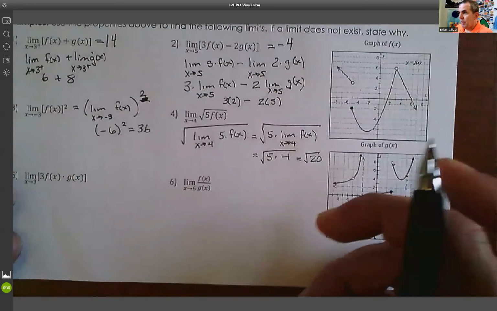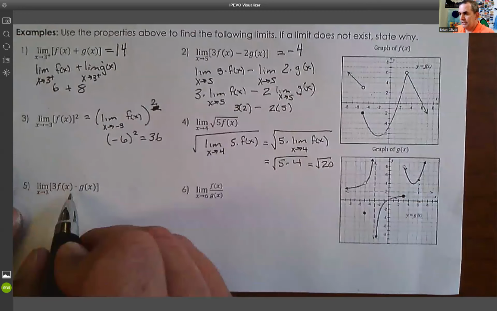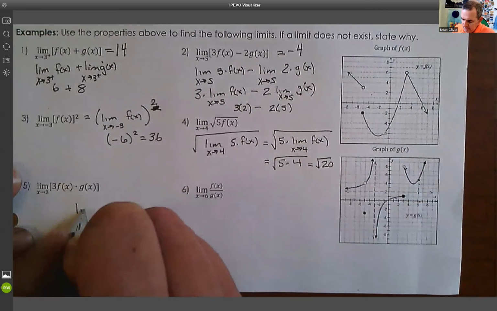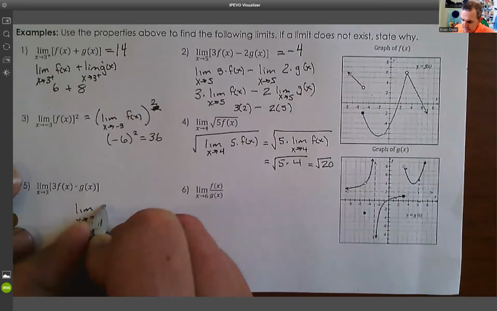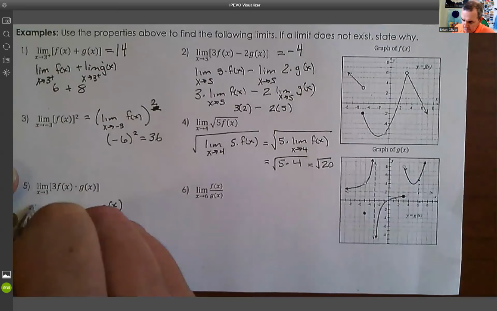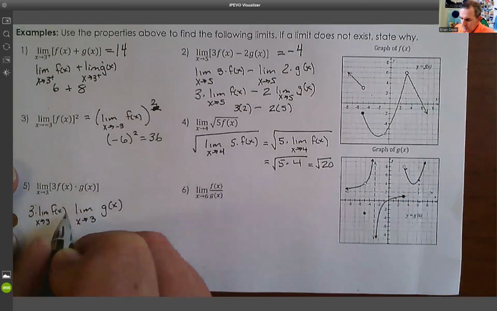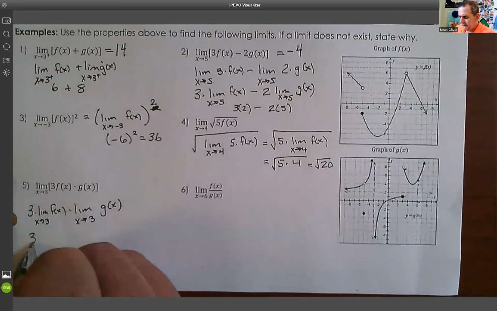And then we work through the rest of those. So again, this one right here says the product. So what I'm going to do is look at the limit as x approaches 3 of g of x. I'm going to look at 3 times the limit as x approaches 3 of f of x. What I'm going to do is work my way through 3.